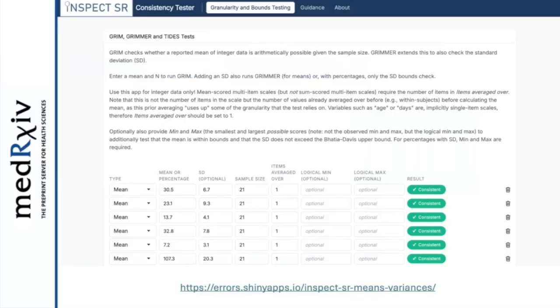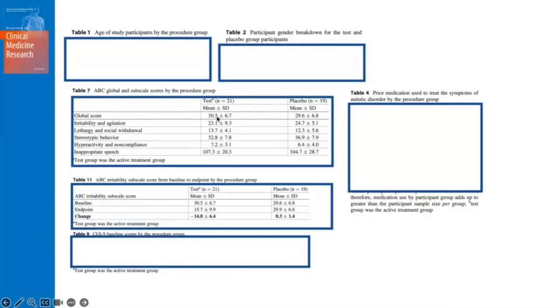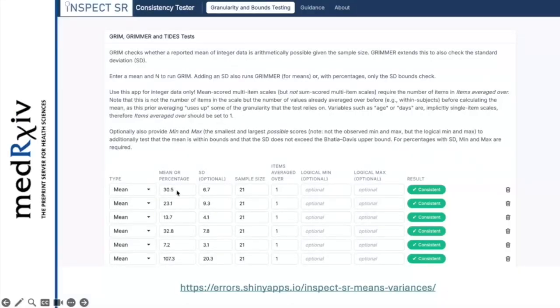The test that we will apply is the GRIM test. The GRIM test is pretty easy to apply. Here you have a direct link to the GRIM test for INSPECT-SR. It's a test developed to check, when you put in the mean observed in the table, for instance the mean here was 30.5, and the sample size, here 21, whether this rounding of 0.5 is compatible with the sample size.